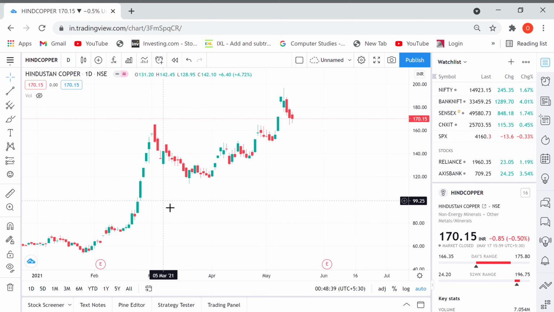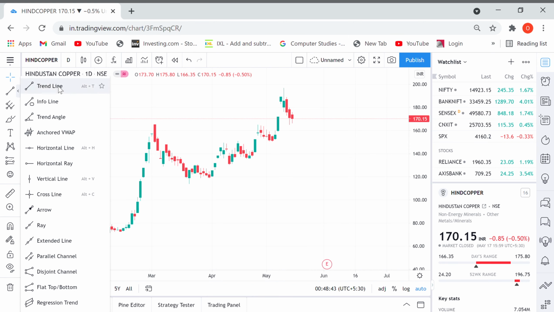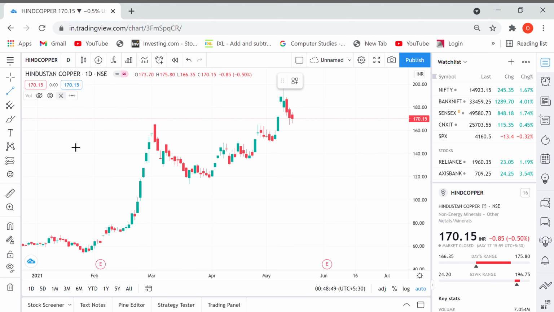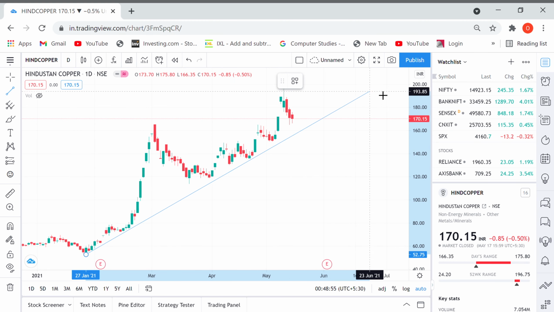Now the stock is in an uptrend which can be drawn through a trend line. You have an option to draw a trend line here. So you just select this trend line, click the cursor here, extend this line like this and release the cursor, and this line will be formed.